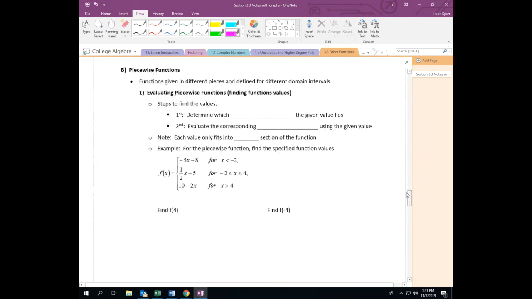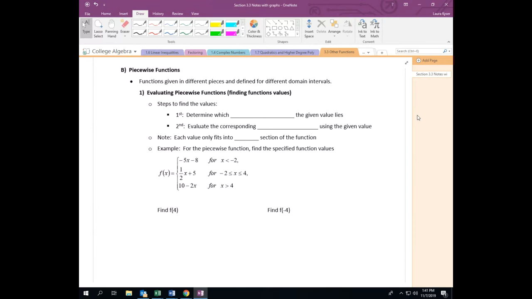All right, now getting into some actual stuff. Piecewise functions. Piecewise functions are interesting looking in that they are functions that have different functions for different x intervals.